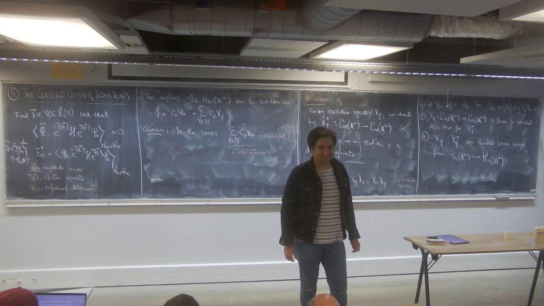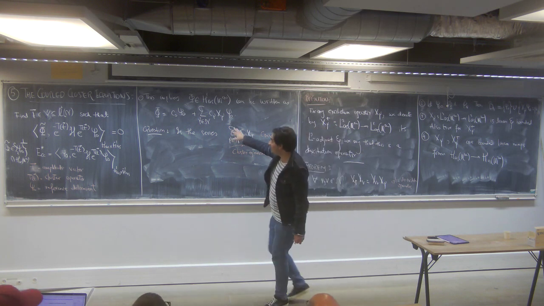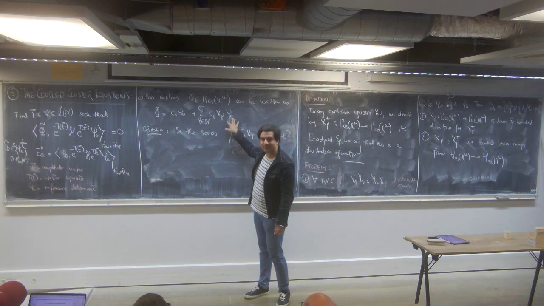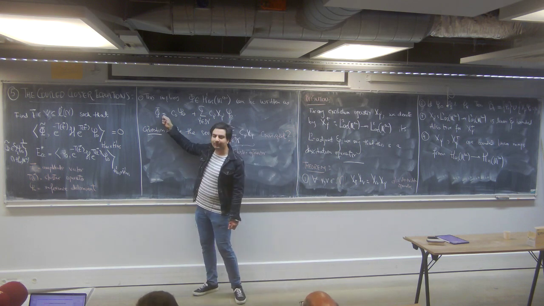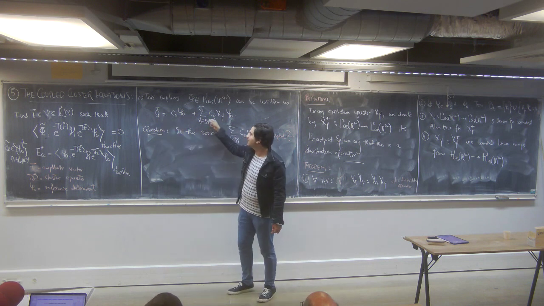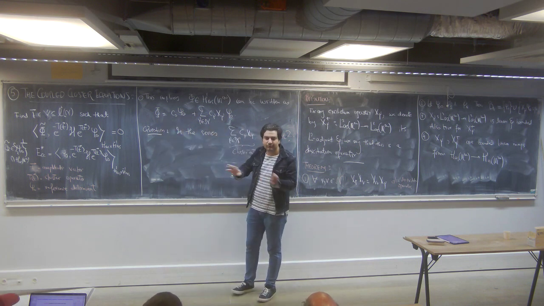Here it's completely clear because you're applying this exactly to the reference determinant, so you get determinants which are L2 orthonormal. If you look at the L2 norm, you just get the summation of C mu squared. So everything makes sense.